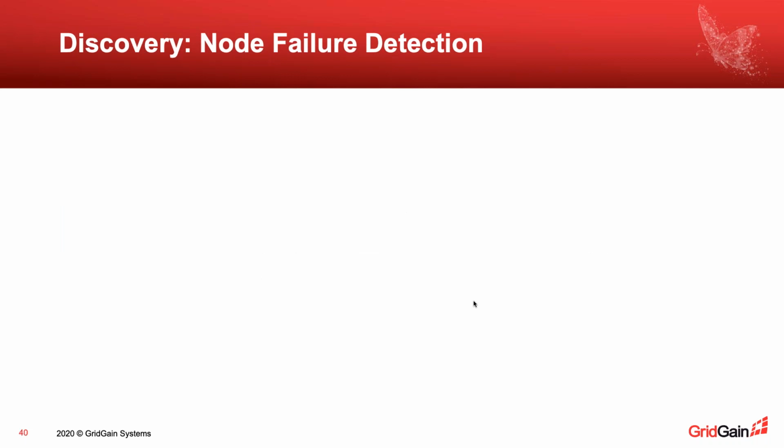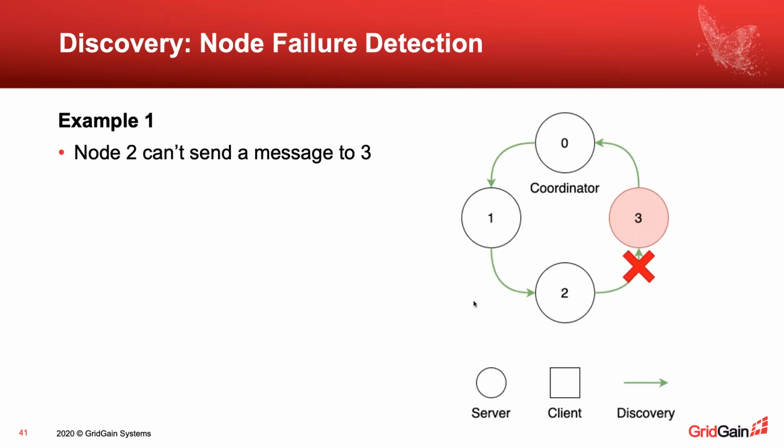And let's look at a couple of examples of how exactly it can work. The first example is actually pretty simple. Say node number 3 has failed.